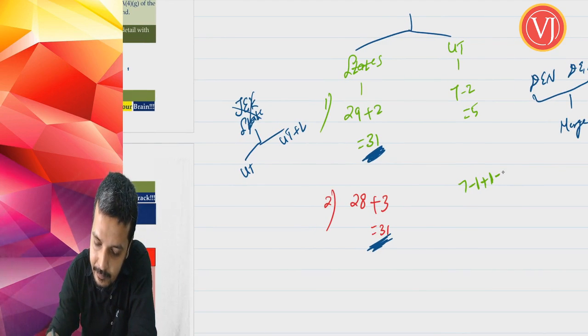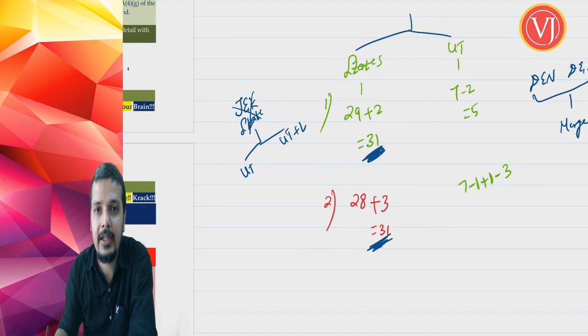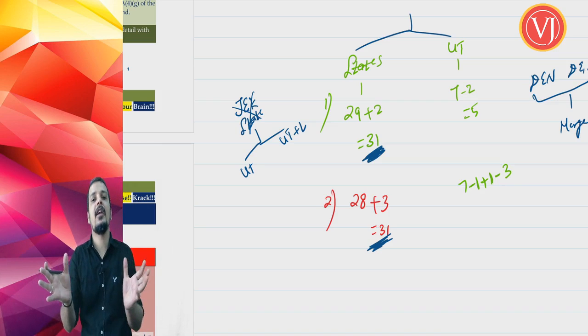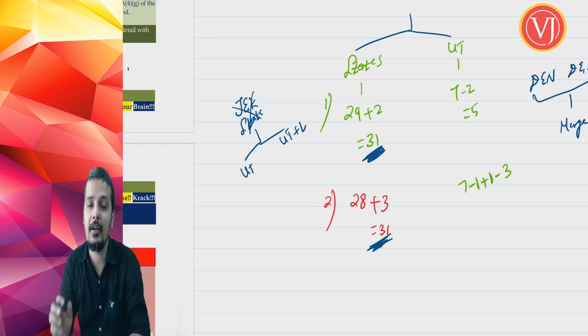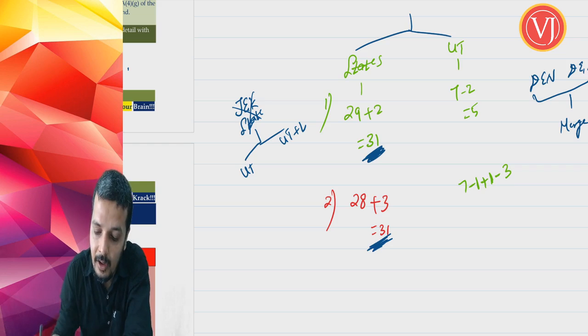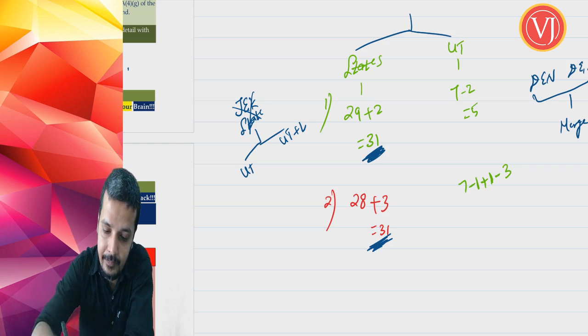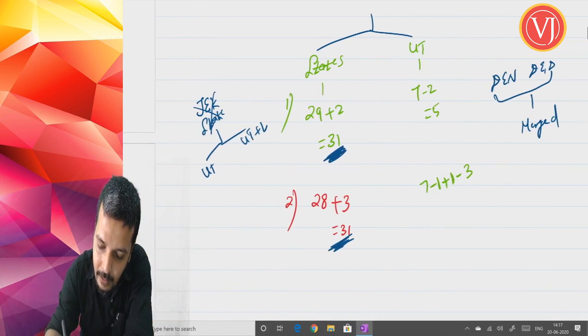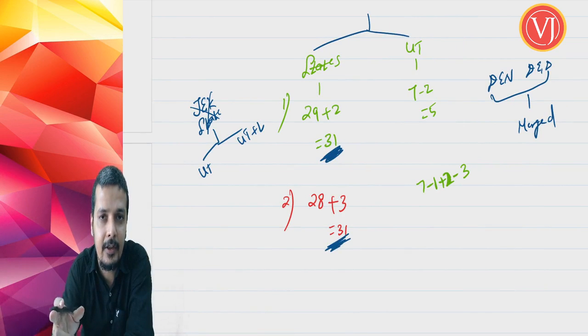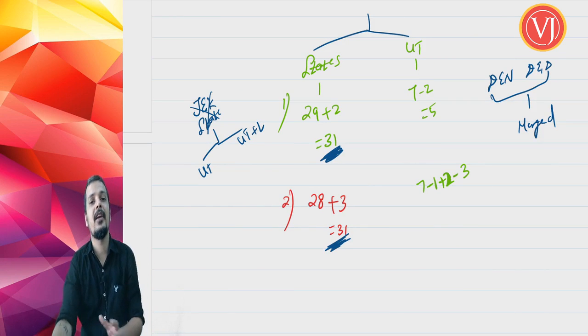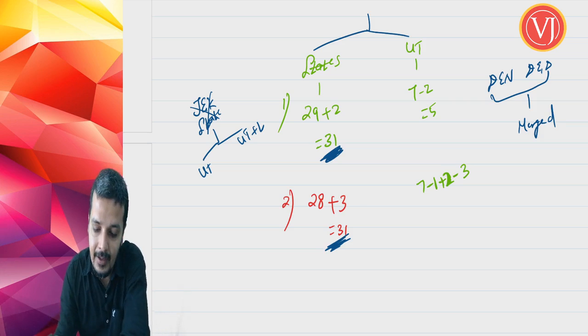Minus 3, because totally after this merger of Dadar and Nagar Haveli and Daman and Diu, and after bifurcation of Jammu and Kashmir into one union territory which is without legislature, total number of union territories would be, rather I have to correct one thing, 7 minus 1, because Dadar and Nagar Haveli, Daman and Diu has become 1, so you are removing 1, plus 2 because Jammu and Kashmir state is now divided into two union territories, one with legislature, one without legislature, and minus 3.